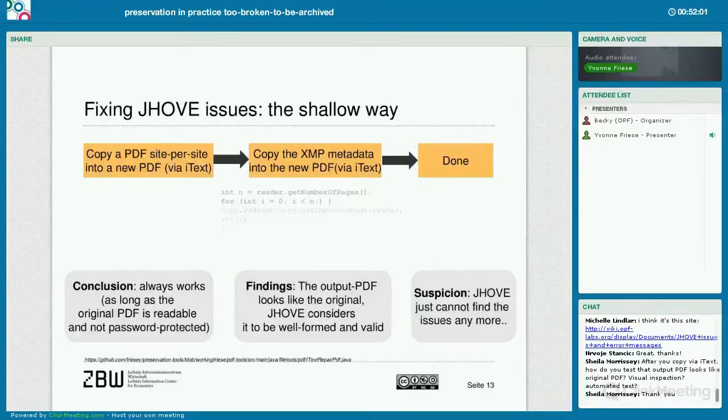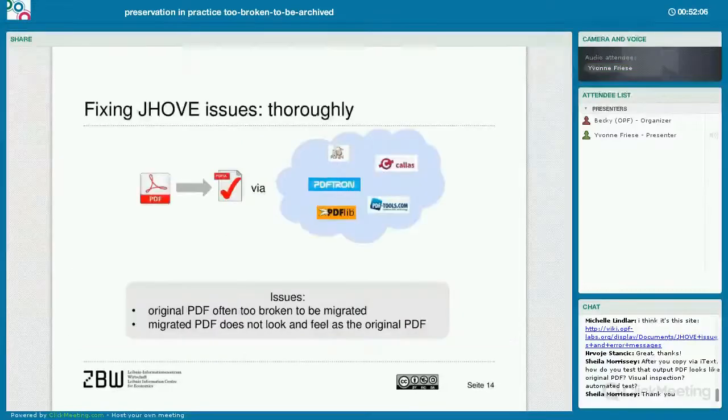Of course, we always keep the original as well, but we are not confident that this solution is really good. But the alternative, fixing the JHOVE issues, so fixing the PDFs thoroughly with a decent tool like callas pdfToolbox, something which is able to convert to PDF/A, has other problems. Our PDFs are just too broken to be migrated to PDF/A most of the time. And if they can be migrated to PDF/A, they just look different.